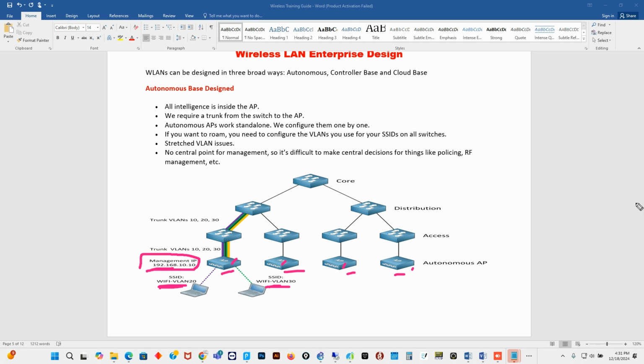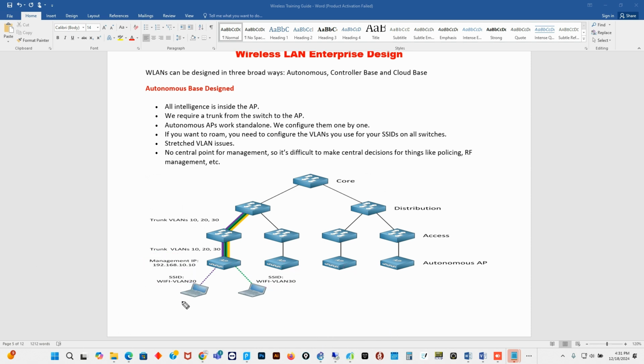And then let's say you want the capability that wireless users can roam from one AP to another without losing their connection, or the DHCP IP address assigned to them.